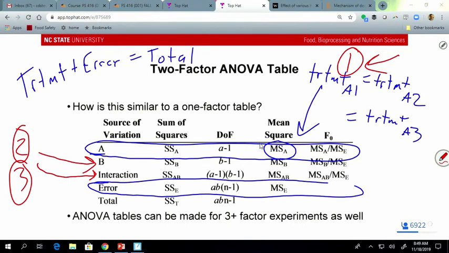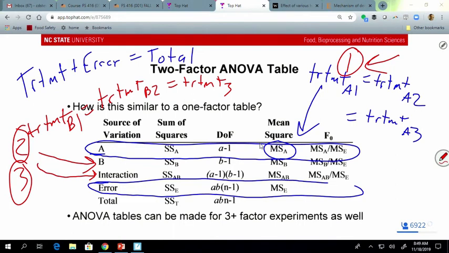Well, in this case, we're going to do the same. We're going to have another hypothesis for factor B, where we're going to say treatment B1 is the same as treatment B2, which is the same as treatment B3, let's say there were 3 total again. You would just say the null hypothesis is that all 3 levels of factor B are the same.